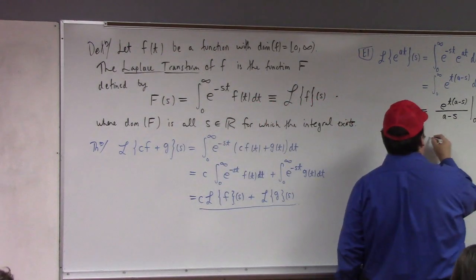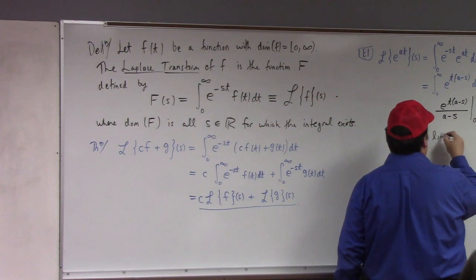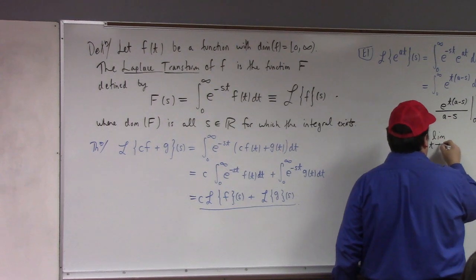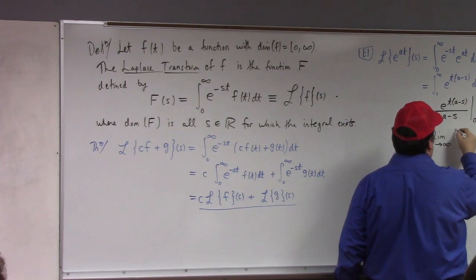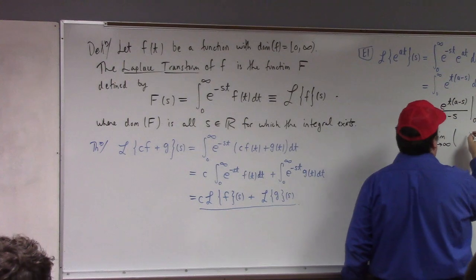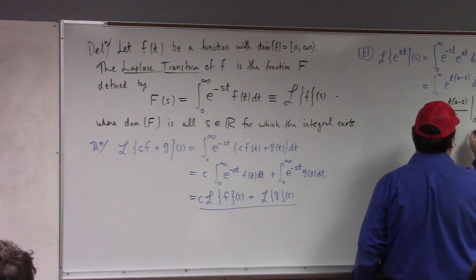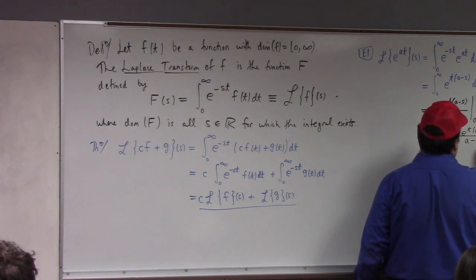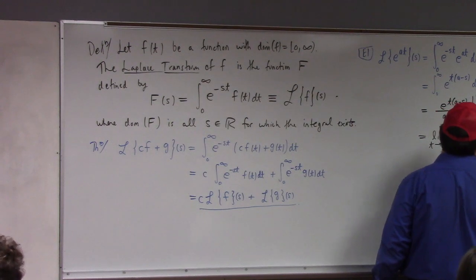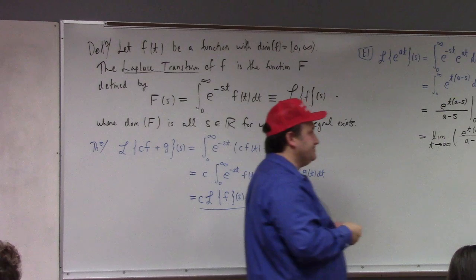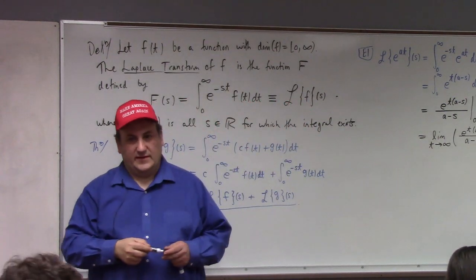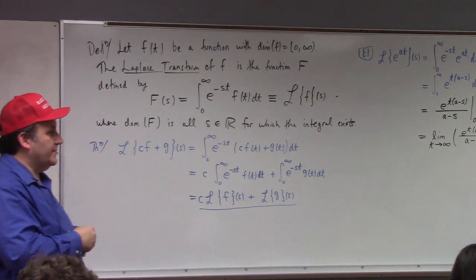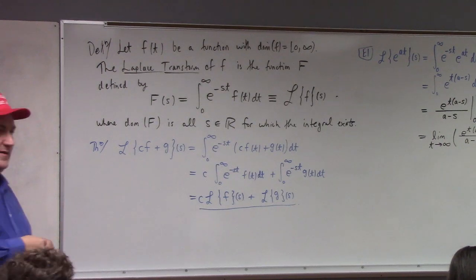We're talking about the limit as t goes to infinity of e to the t times a minus s, divided by a minus s, minus 1 over a minus s, right? We get to take the limit as the upper bound goes to infinity. That's what's meant by that.